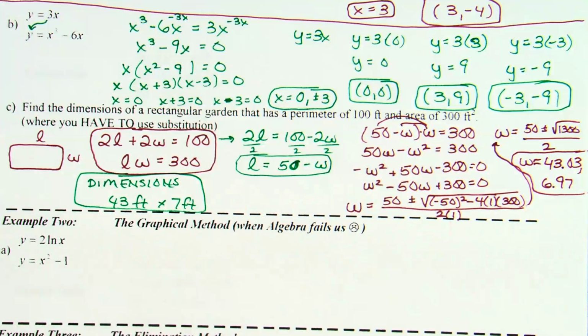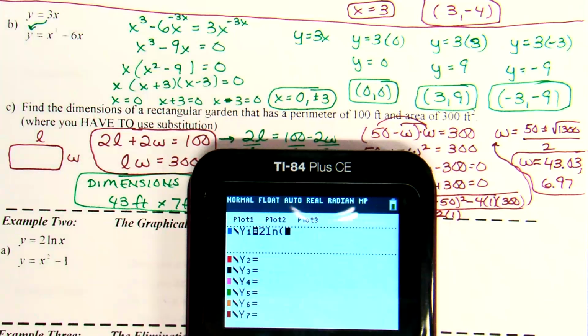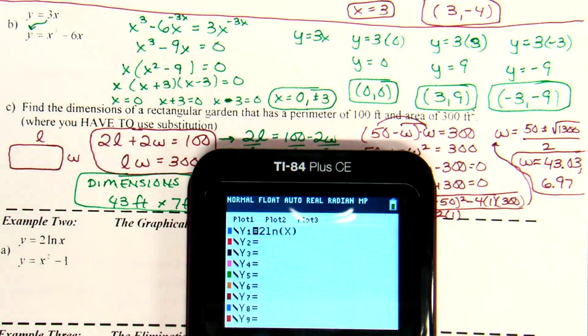Okay. Step 1 was to graph these on the calc because we're going to take the easy route today. Can you tell where the solution or solutions are? Can you tell what's going on here? What am I going to suggest you do here?